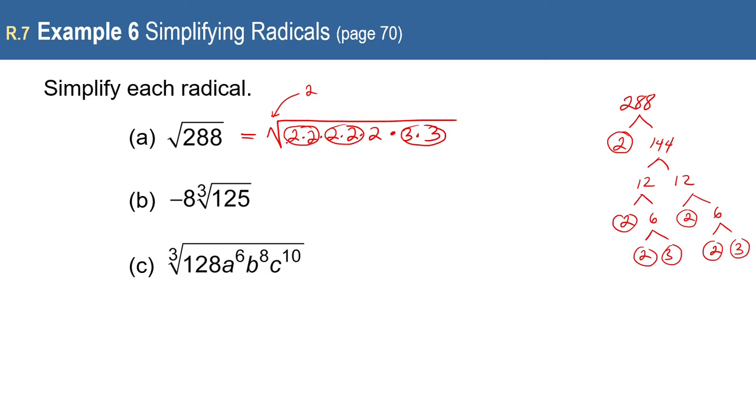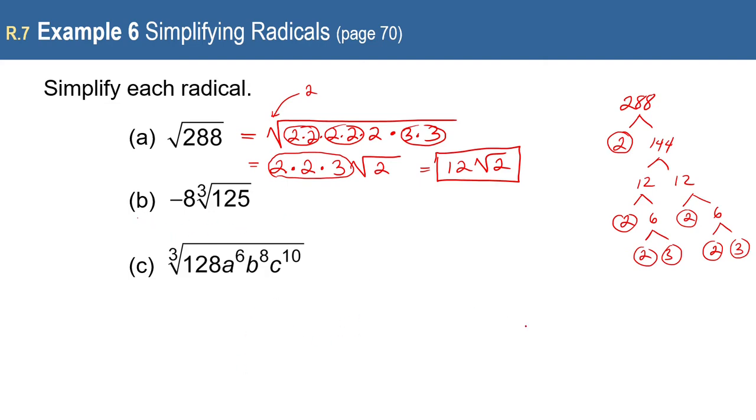Notice that the square root of this part is 2. The square root of this part is 2. The square root of this part is 3. So put those in front of the radical. Whatever does not have a pair, leave that on the inside. Now I can simplify the front terms as 12. Our solution is 12 times the square root of 2. This is the simplified version of the square root of 288.